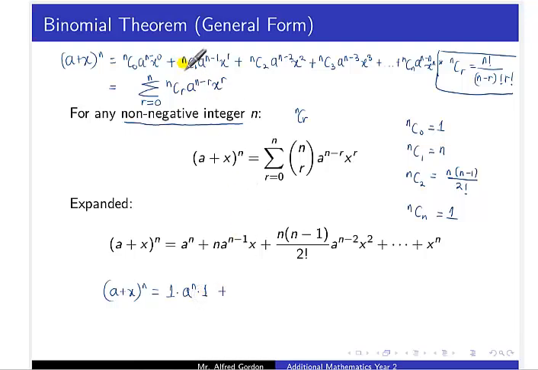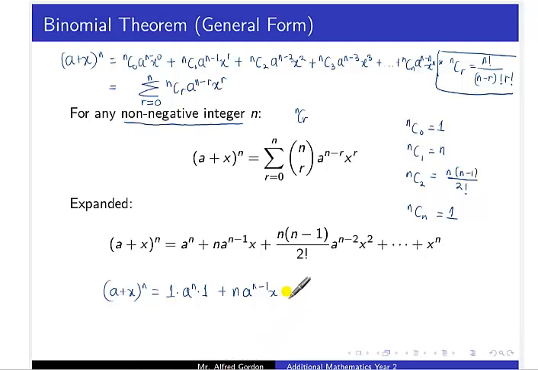Plus the coefficient here is n combination 1, and we know n combination 1 is n. We have a to the power n minus 1, and we have x to the power 1, which is x.